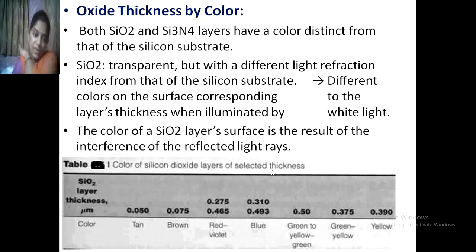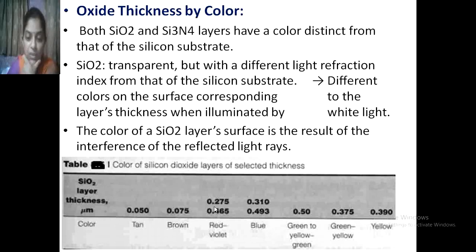The SiO2 layer thickness in micrometers ranges from 0.050 to 0.075. If the thickness is 0.050 micrometer, it is tan color, then at 0.075 micrometer it is brown.